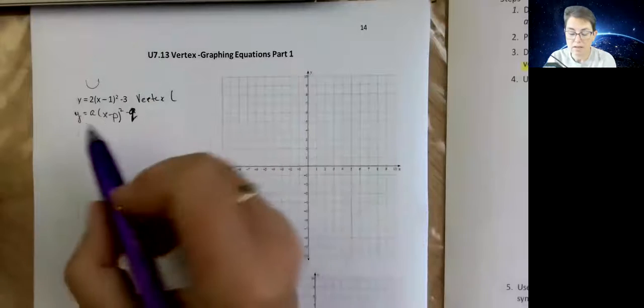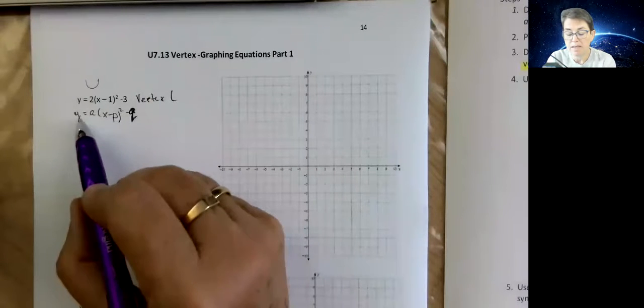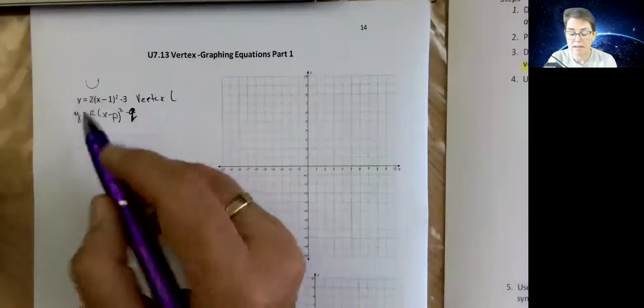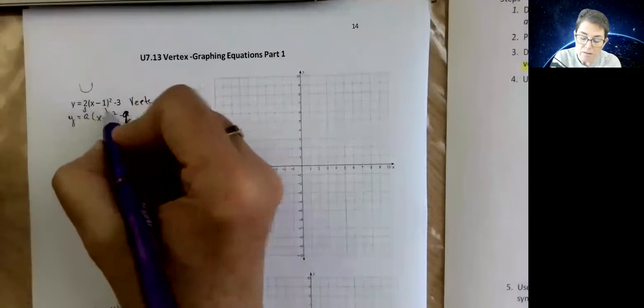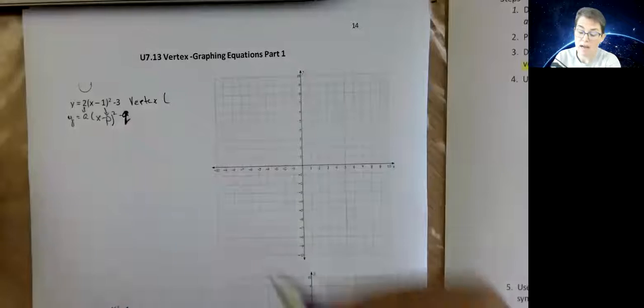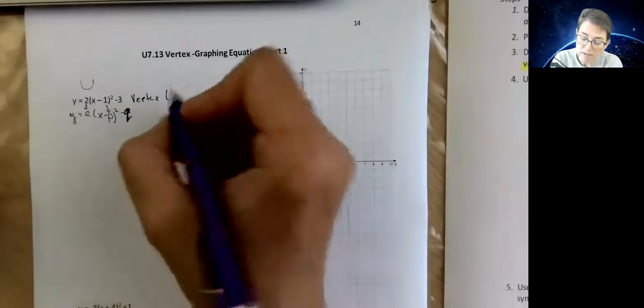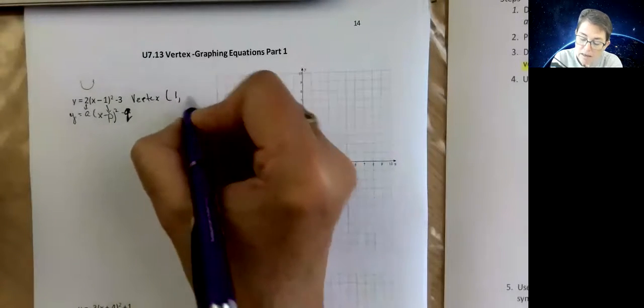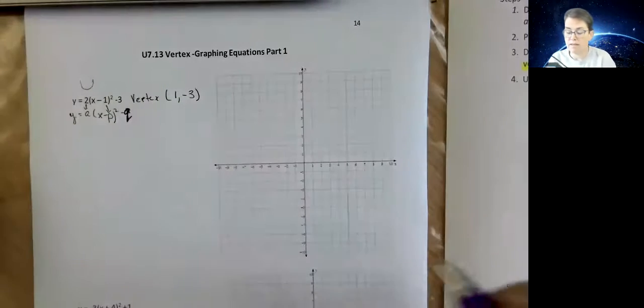A lot of times it makes sense for me to put the general form and then I can compare. So there's my A, and there's my P, and I remember I have to swap the sign on my P, so I need the opposite of -1, so it's going to be +1, and -3 for Q, because the Q comes down just the way it is.